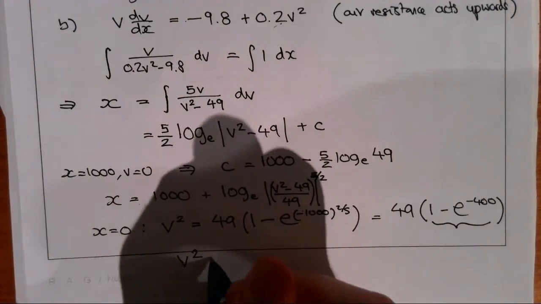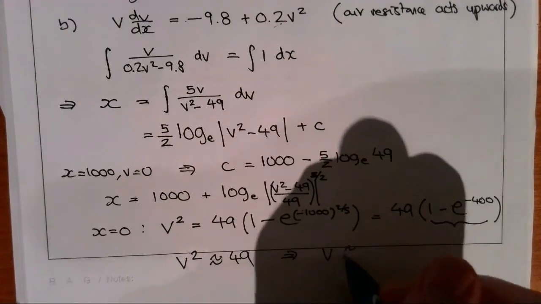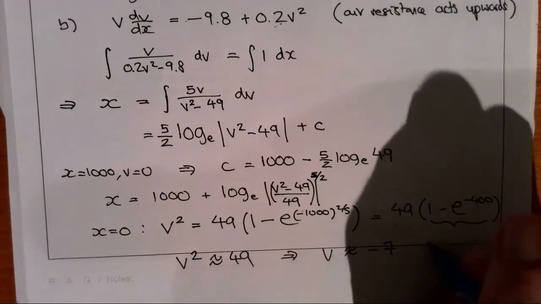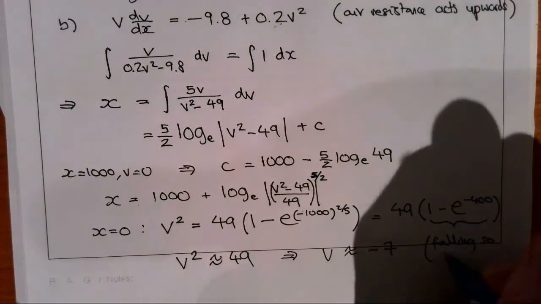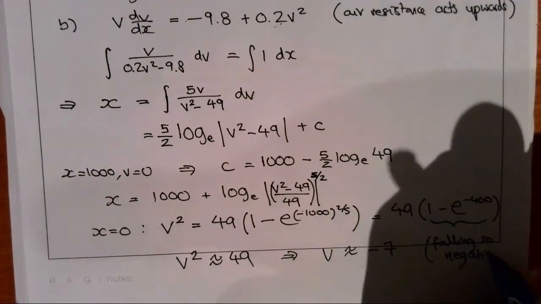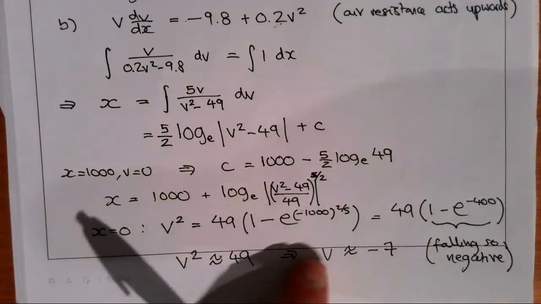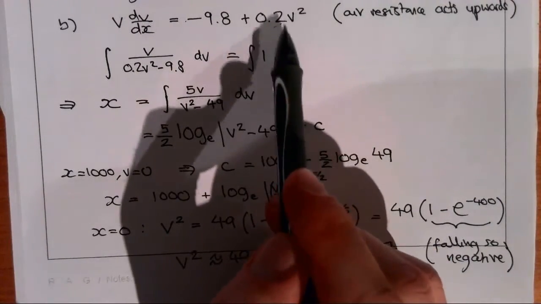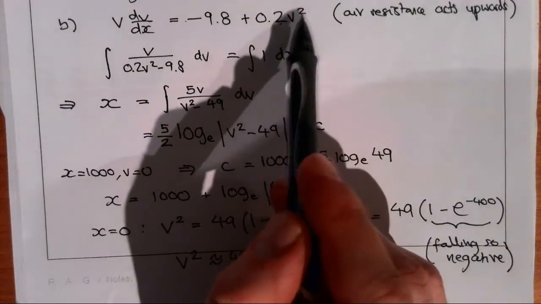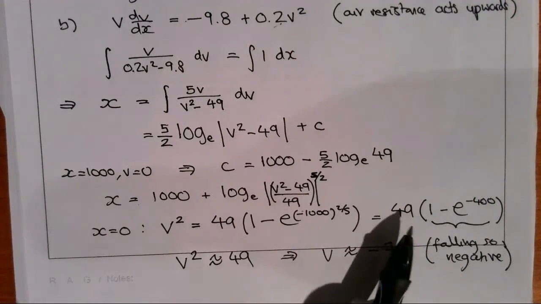So v squared is approximately 49, which means v is approximately minus 7. It's falling, so negative. And so when we introduce this air resistance, and we say that that is proportional to the velocity squared, which is realistic, what we end up with is this pattern where the velocity has an upper limit.